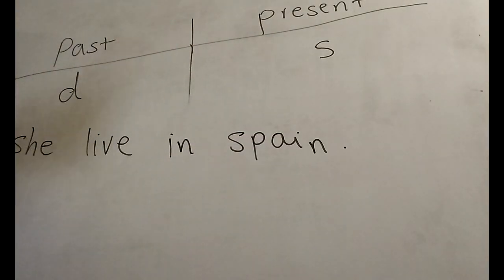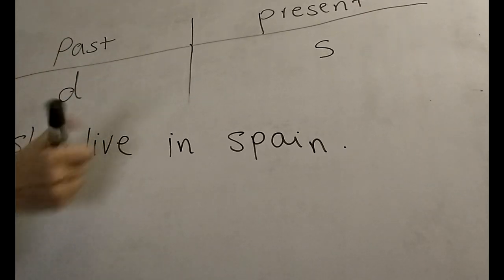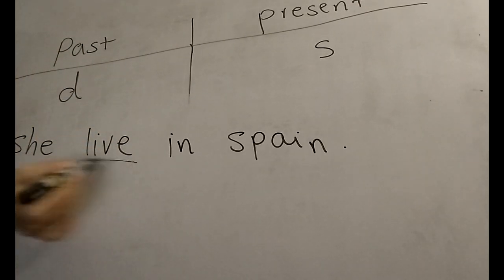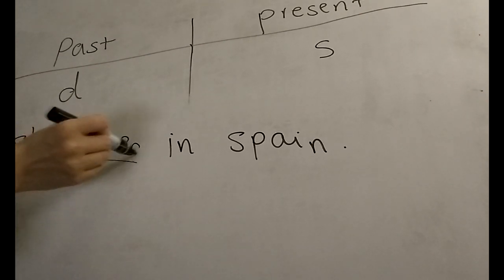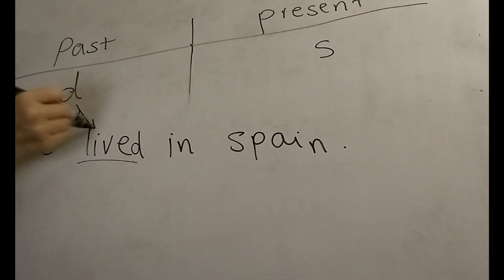So if you want to change the sentence to the past tense, what we need to do is look at the verb. The last letter of the verb is E, then we just add D. So it will be she lived.